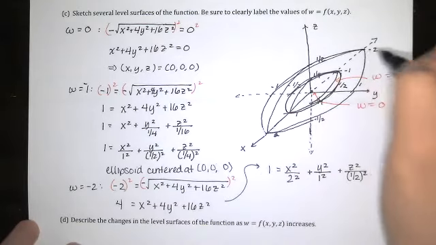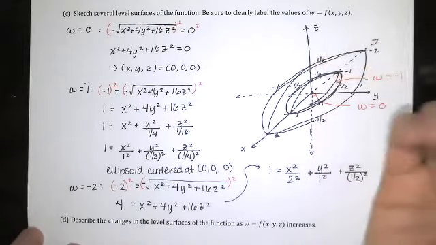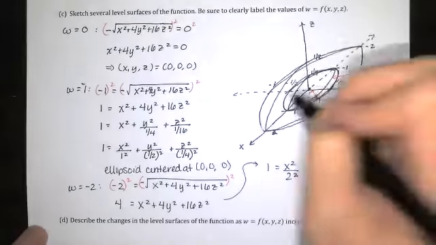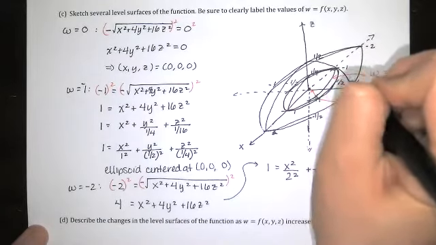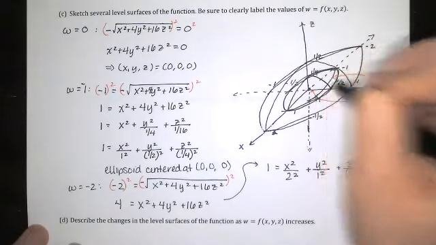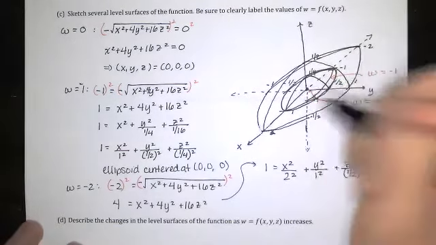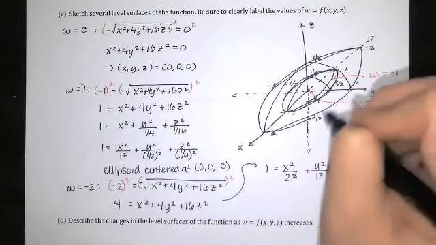It looks a little funny because that distance in the z direction is so small. Also, I haven't been adding anything that goes that way either. That might help a little bit. Not a lot, but a little bit. Okay, so hopefully you guys get the idea.